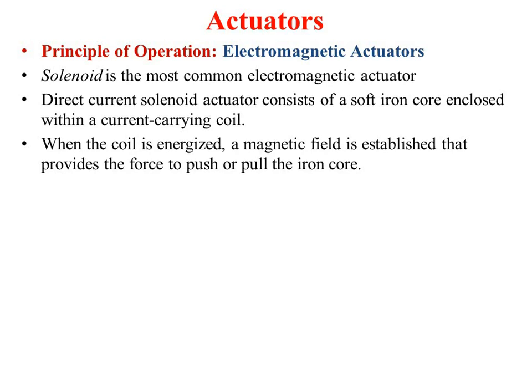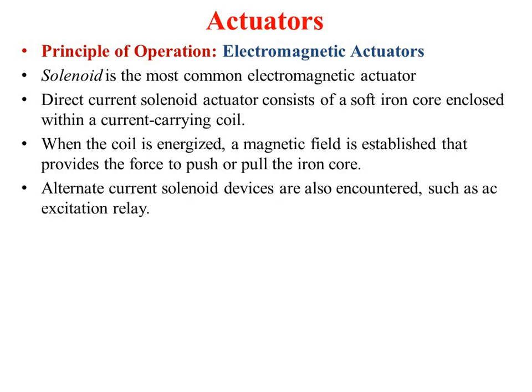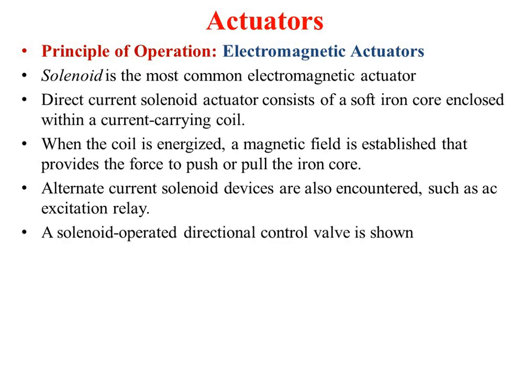So if the current is there, then it will be pushed ahead, and if the current is not there, then it will be pulled back. So this is how the coil is energized. So alternate current solenoid devices are also encountered in AC excitation relays. So that is the example of AC excitation relay, is the example of this solenoid.